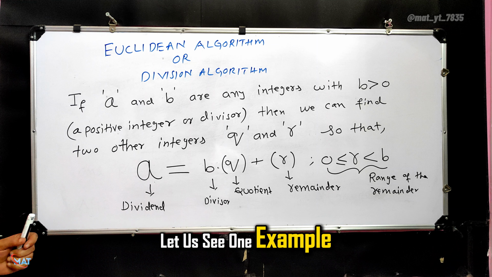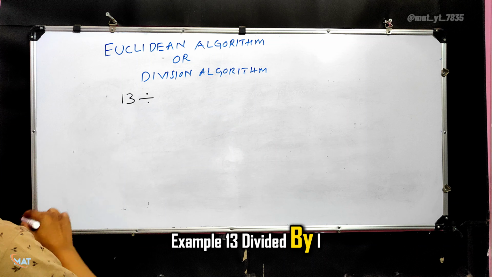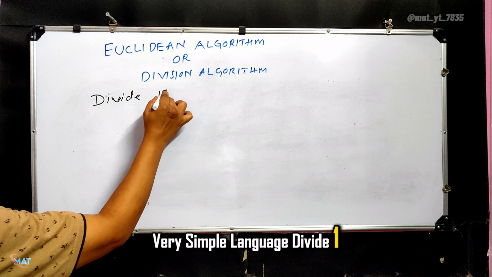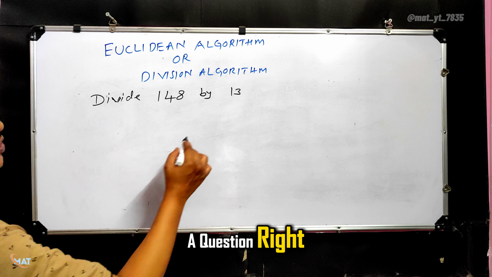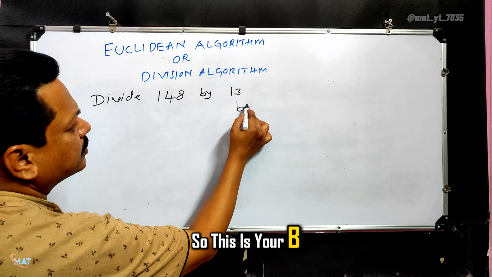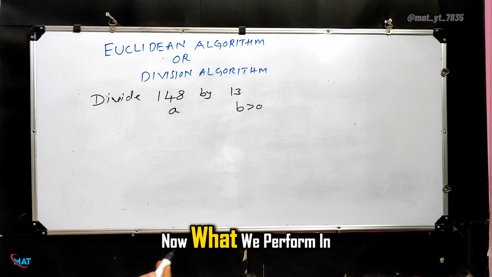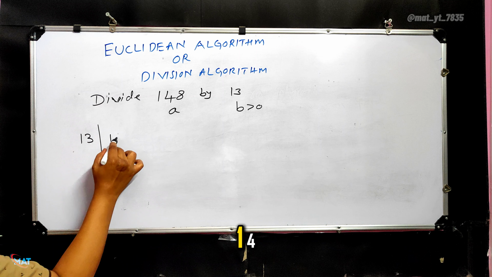Let us see one example of how it relates. Example: divide 148 by 13. This is the question. So this is your B, it is positive. This is your A. Both are integers. Now, what we perform in general is the usual division: 13 into 1, 4, 8.